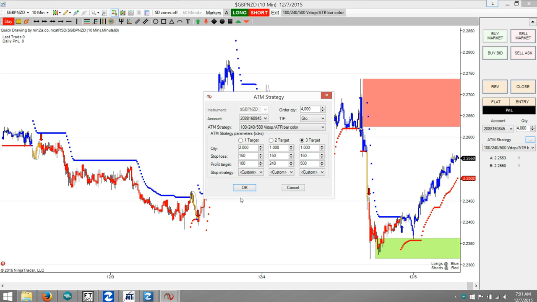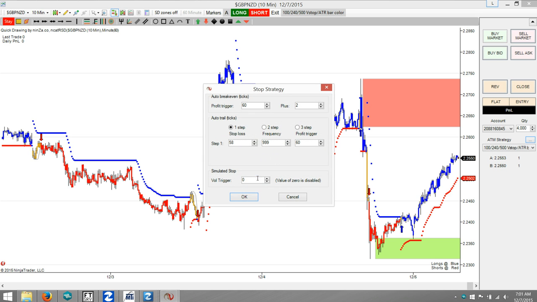Okay, I'm trading 4 units, and I'm front loading the front with 2 lots. I'm taking off at the 100 pip target. Now I'm going to go to custom, and then the profit trigger for this is 60 pips. Once the currency pair goes 60 pips, it moves the stop up to break even plus 2 pips positive.